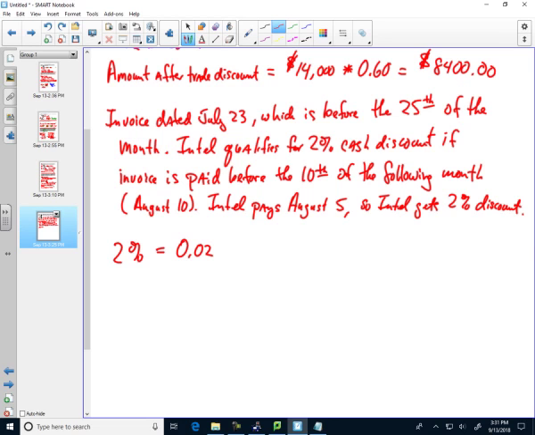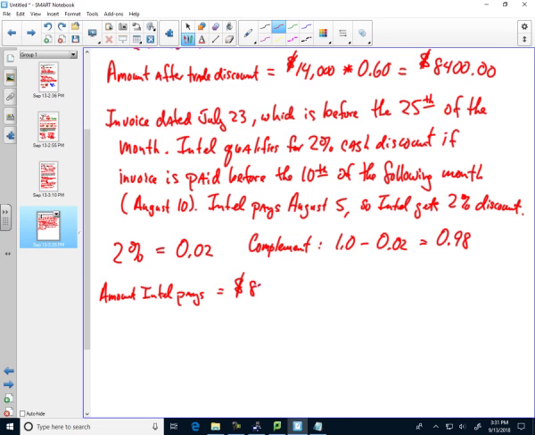2% converted into a decimal is 0.02. The complement is 1 minus 0.02, or our friend 0.98. So the amount Intel pays is going to be 8,400 times 0.98.